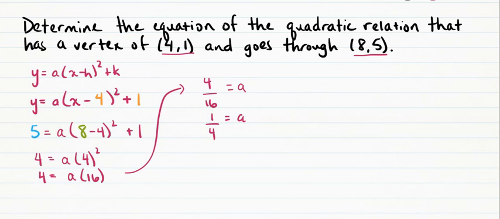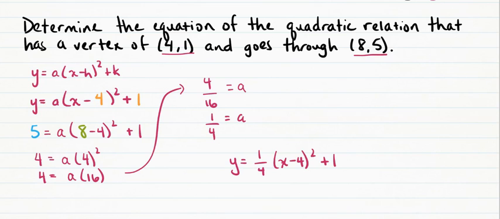So that tells us that the equation of this parabola in vertex form is y equals 1/4 times x minus 4 squared plus 1, because the vertex was 4, comma 1.